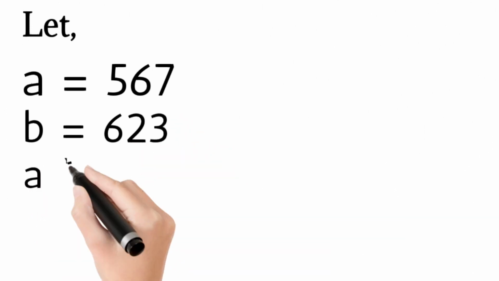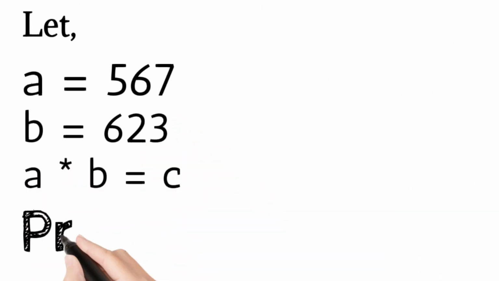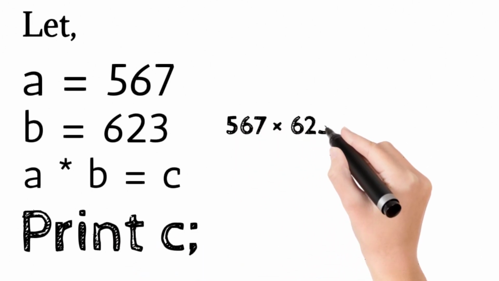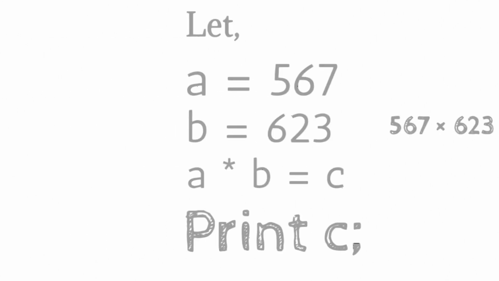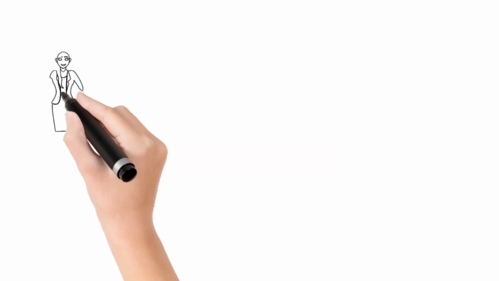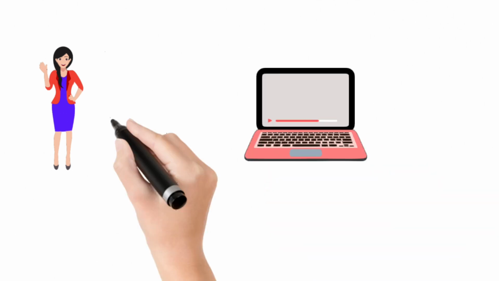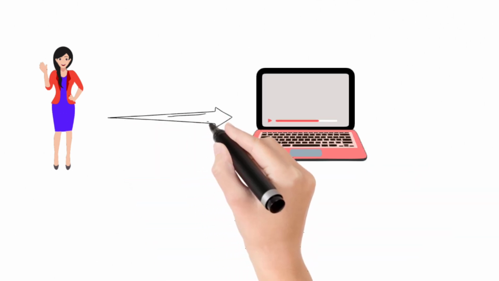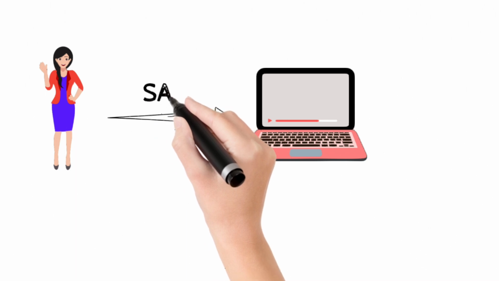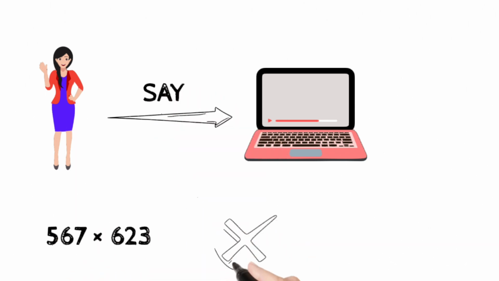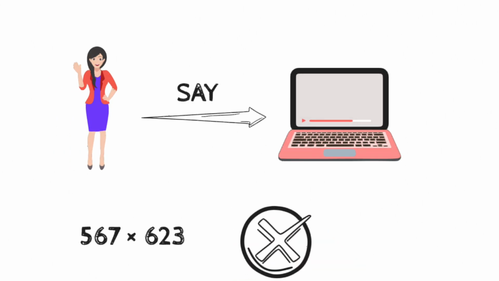A into B equals C, and then print C. In this way, we will get the answer of the equation 567 into 623. So this was a short example of source code, and source code helps the compiler to understand what we really want to say.